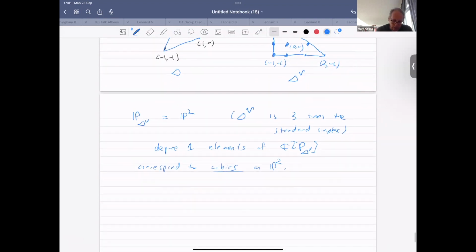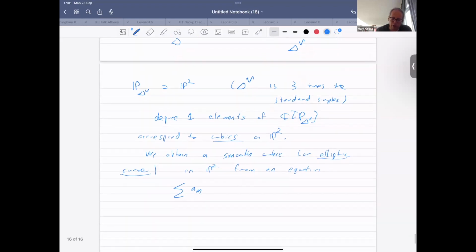So we obtain a smooth cubic, or elliptic curve, in P2 from an equation, the summation of A_m, Z to the m, where m ranges over elements of delta dual intersect N.